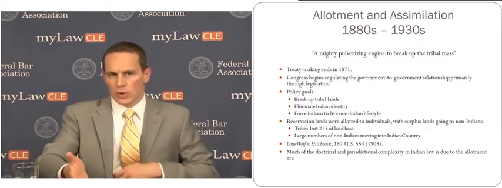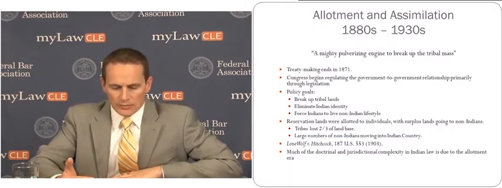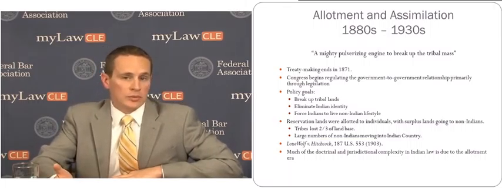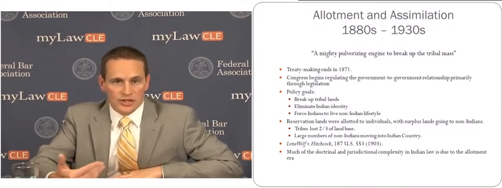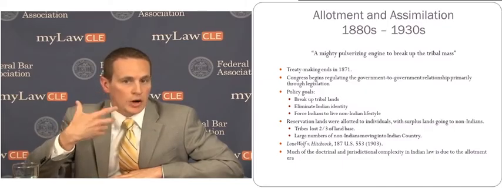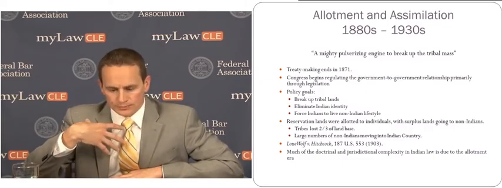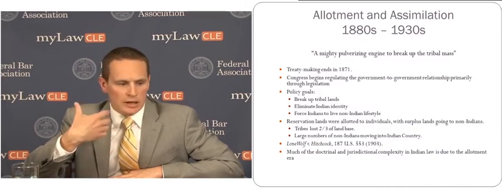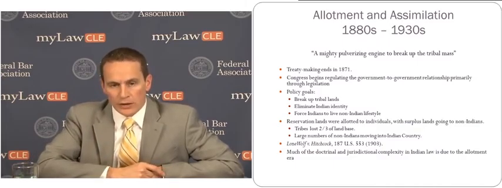So some of the ways that this policy was achieved, for example, were the removal of Indian children from tribal communities and sending them off to boarding schools where their hair would be cut. They wouldn't be allowed to wear traditional tribal clothing. They would be beaten for speaking their native language.